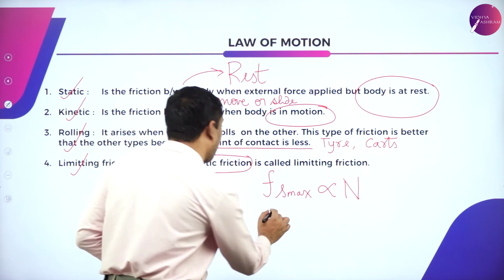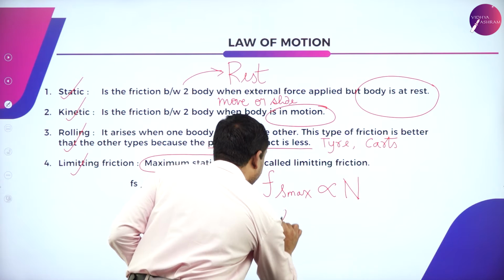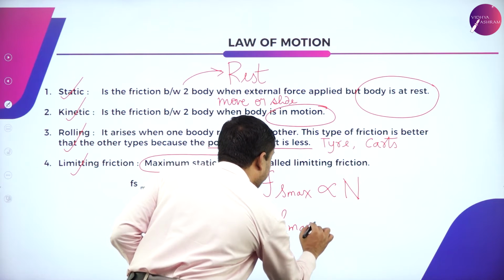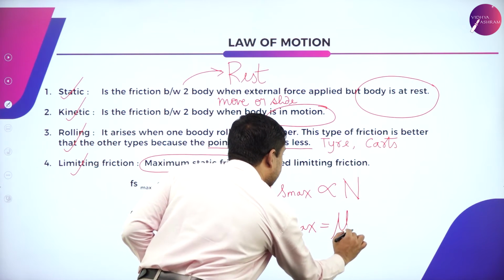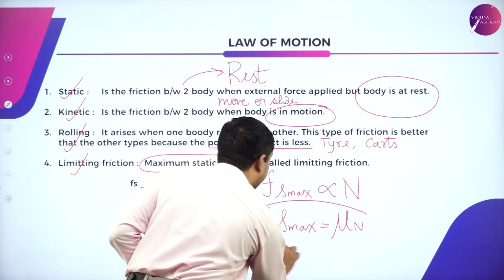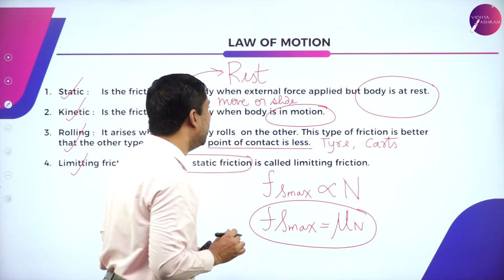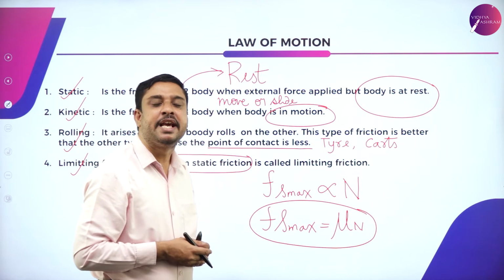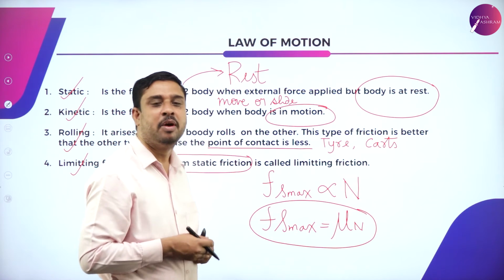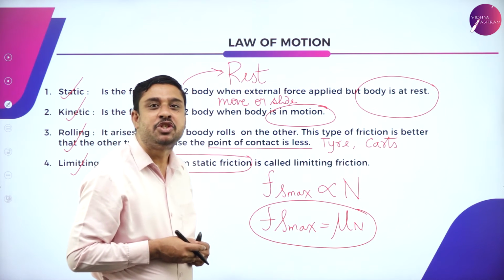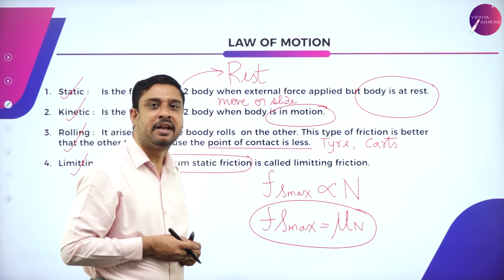Eliminating the proportionality, we write Fs max is mu into N, where mu is a very important term called the coefficient of friction.